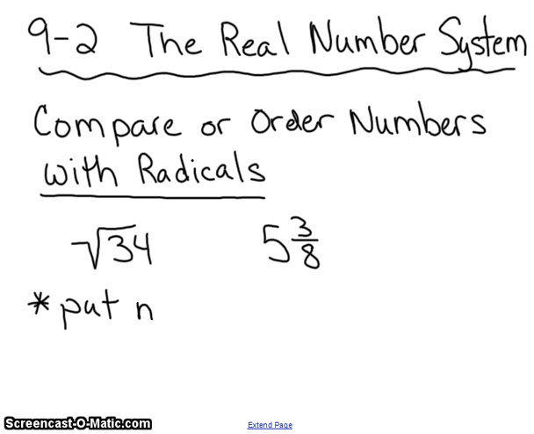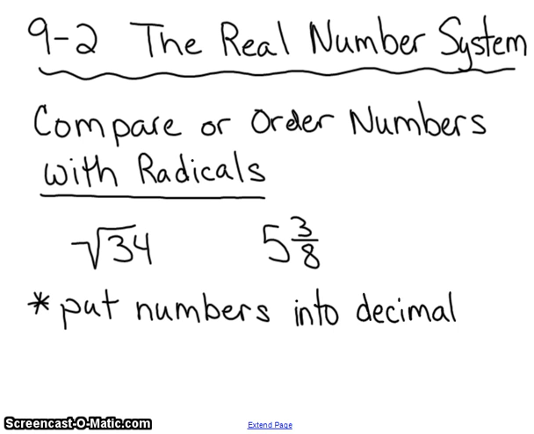So we're going to put our numbers into decimals. So to put square root of 34 into a decimal, we can just type that into our calculator. And what we end up getting is 5.83095, and it keeps going.